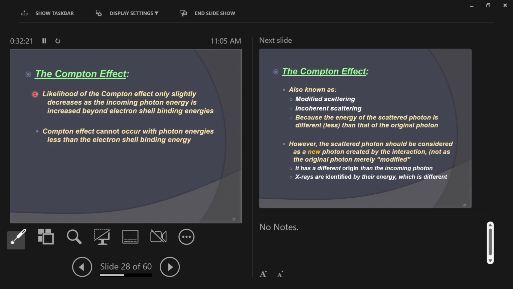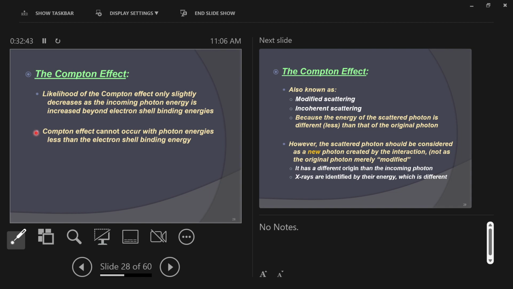The likelihood of a Compton effect decreases as energy increases, but only slightly. And the Compton effect cannot occur if the incoming X-ray photon has less energy than the electron's binding energy.